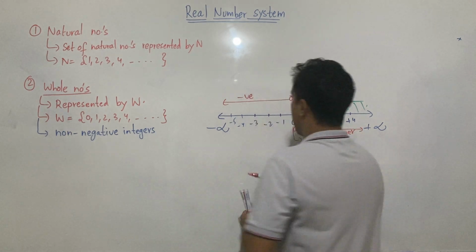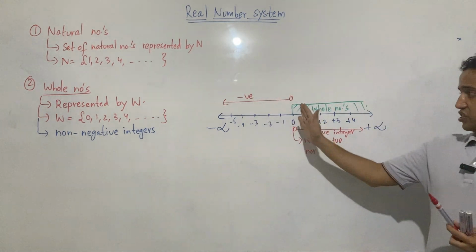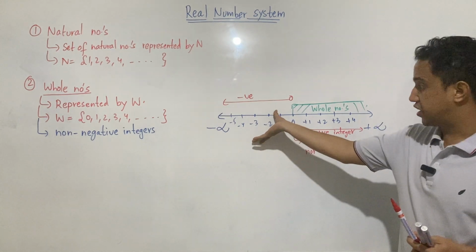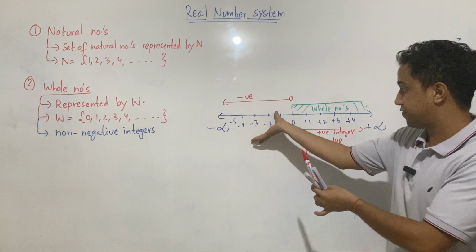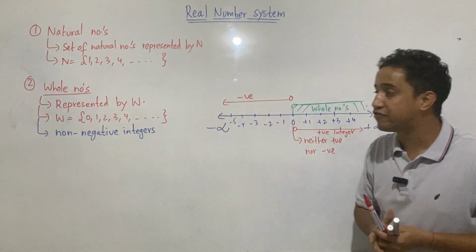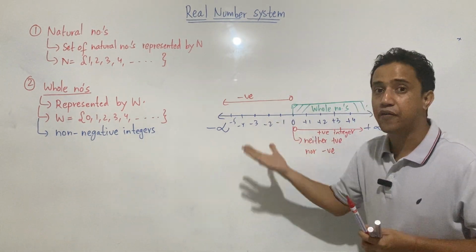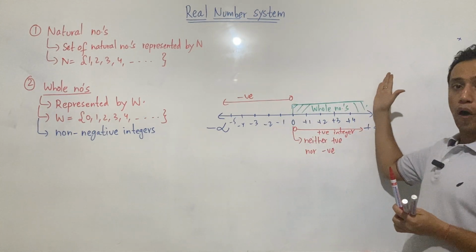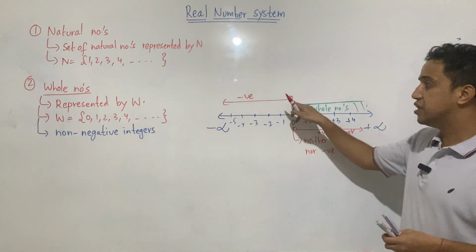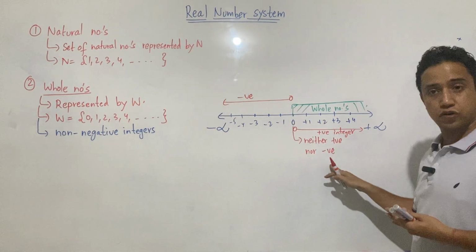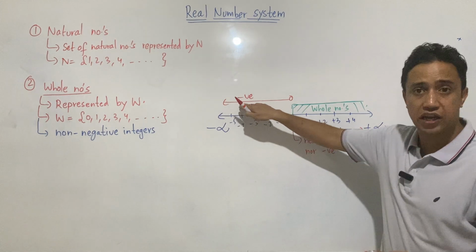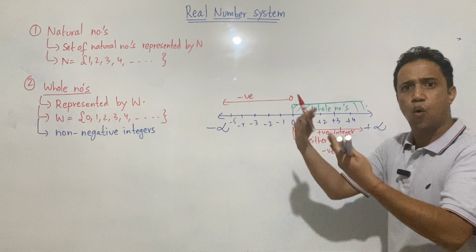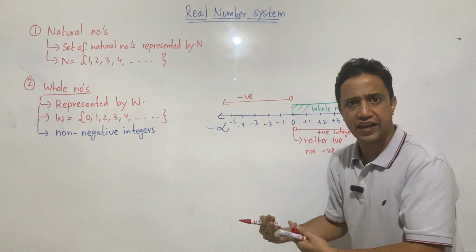All the integers on the left side of 0 are the negative integers. So if I have to say what are non-negative integers, you would say 0 and all on the right side of 0. Why? Because 0 we considered neither positive nor negative, but now we are talking about non-negative, which means those which are not negatives.